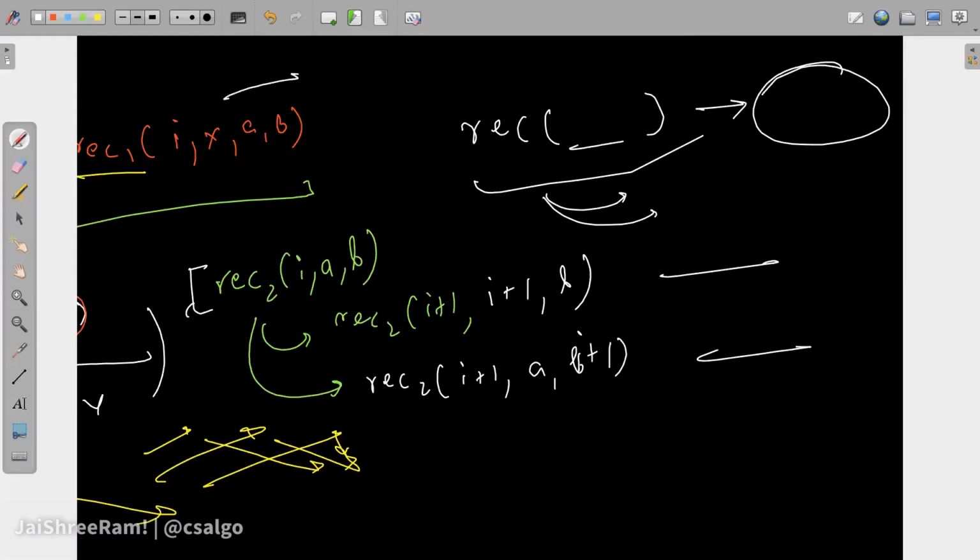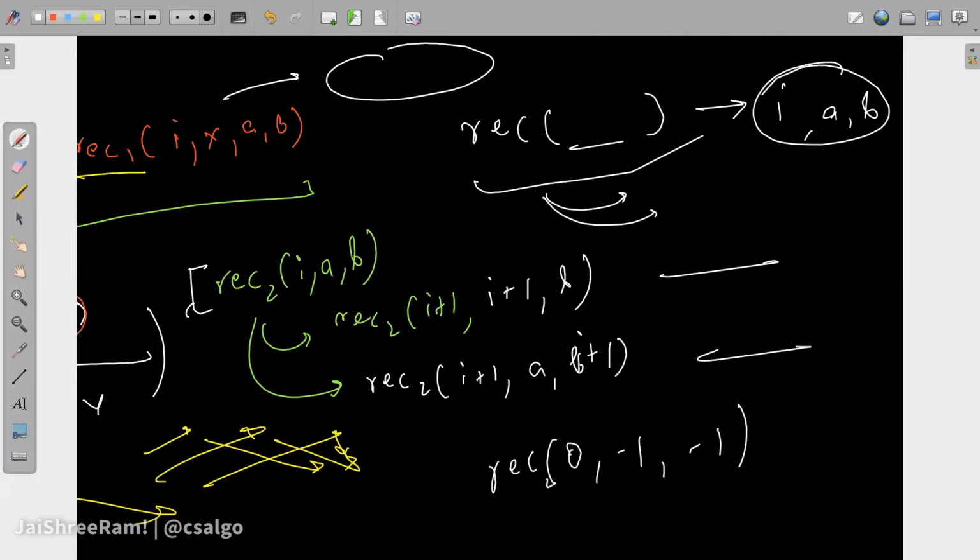Earlier we were saving how many sequences such that I have placed I, first was X, then A and B. Now I will say I have placed I and there is A and B. That's it. Anyways, my answer is going to be equal to recurrence 2 of 0 comma -1 comma -1, because this will count everything that is possible. I don't need to count my x's, right?